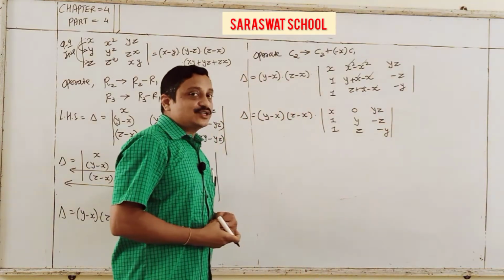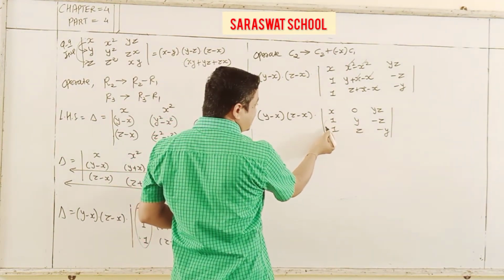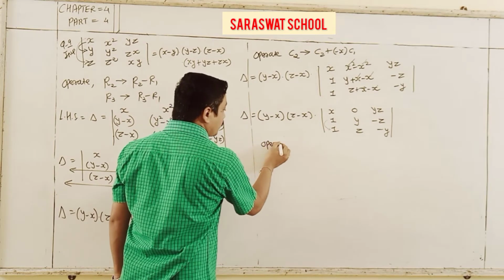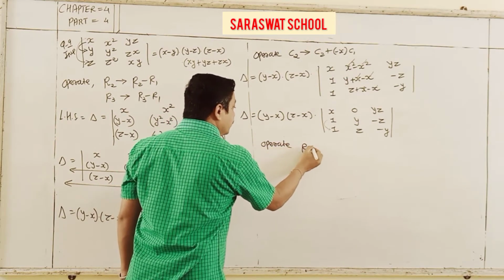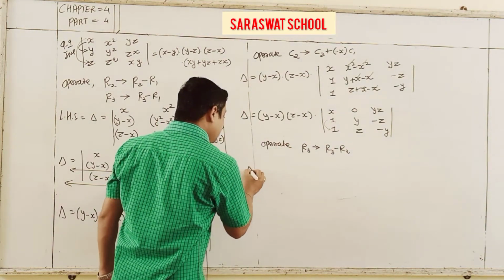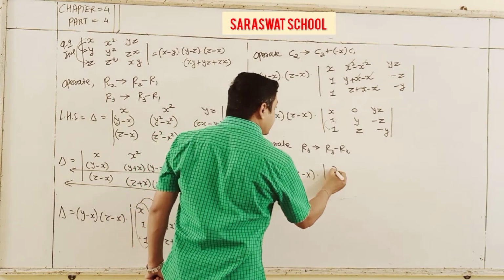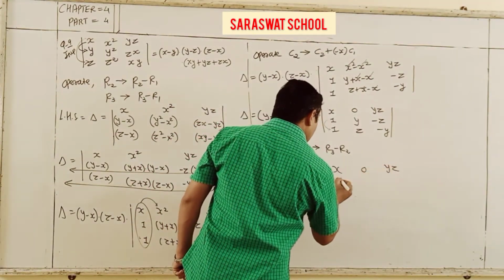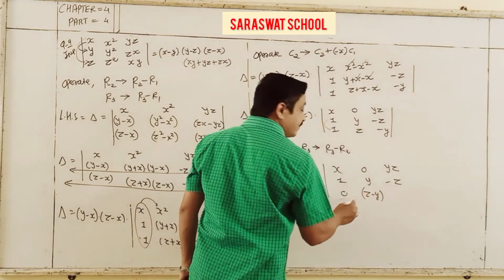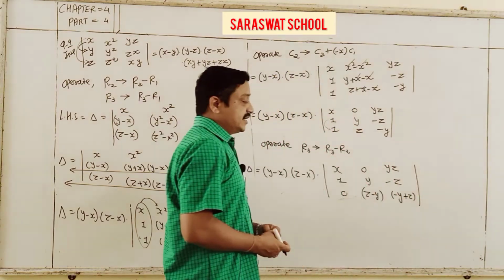Now students, try for a third zero. The third zero is possible here. These are subtracted, so operate. Row number 3 minus row number 2. So your del value is y minus x, z minus x, here x, 0, yz, 1, y minus z, this 0, z minus y, and here minus y plus z.